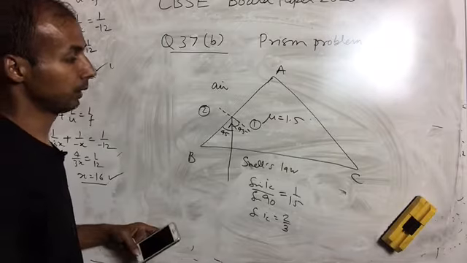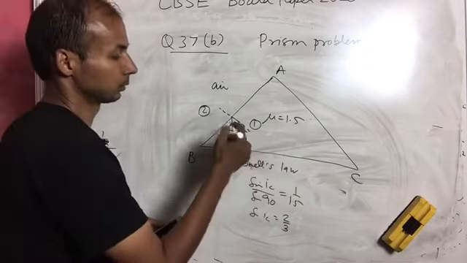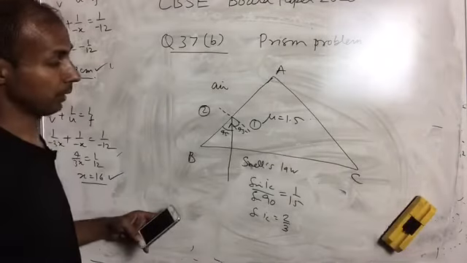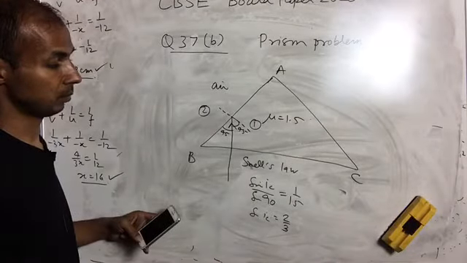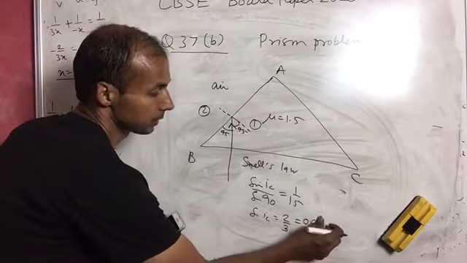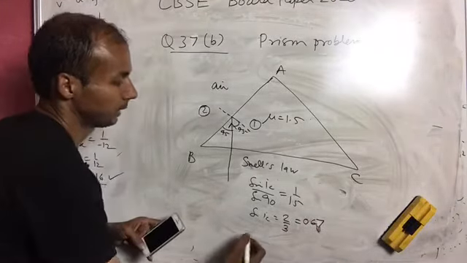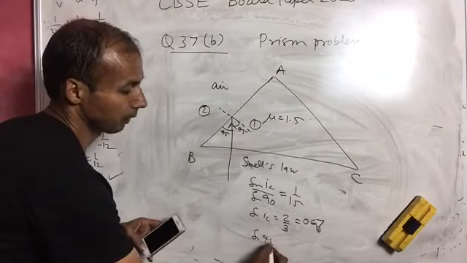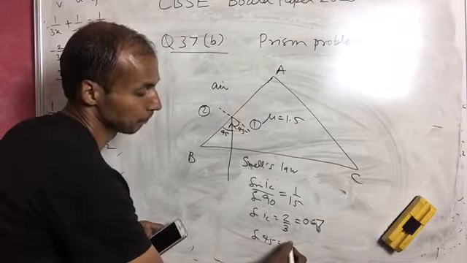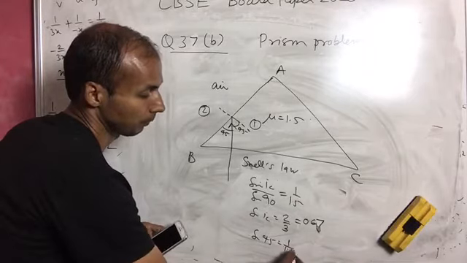So sin IC is 2 by 3. Okay, now 2 by 3 is 0.67, and here the angle is sin 45, so which is how much? 1 by 1.4.